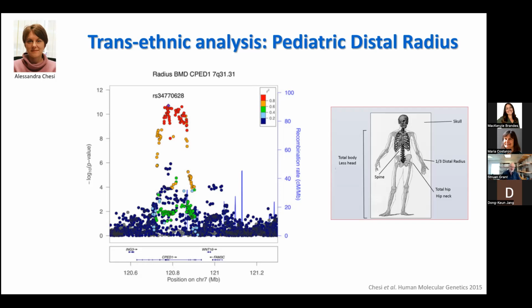And the signal resides over CPED1. As you can see at the bottom of this locus zoom plot, a lot of people in the field think it's either CPED1 or probably the gene on the right, Wnt16, because Wnts have very much been implicated in bone biology, as in endocrinology generally.